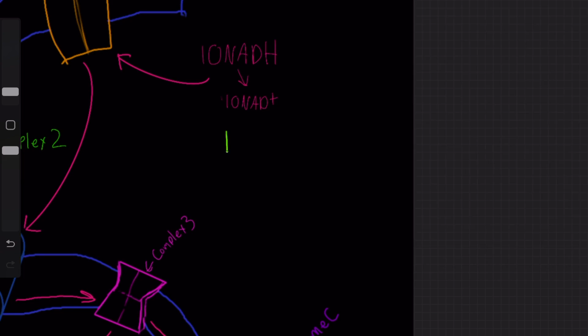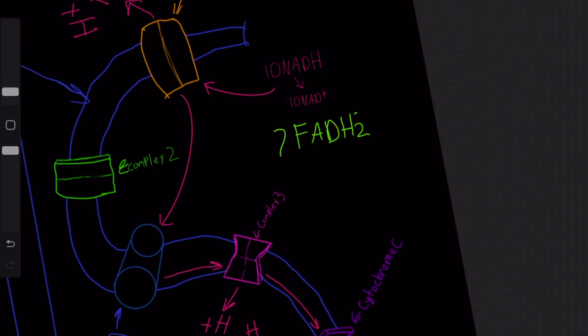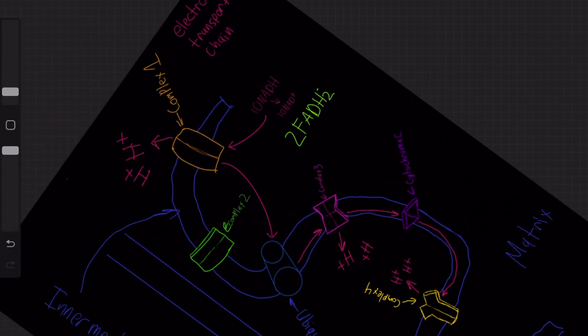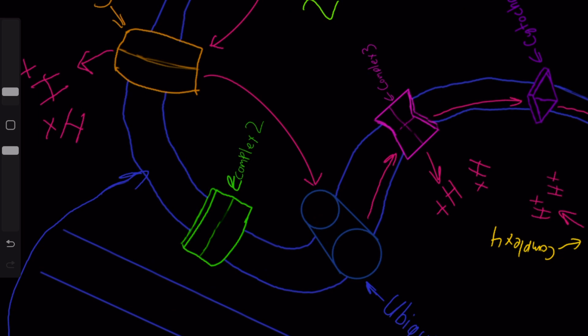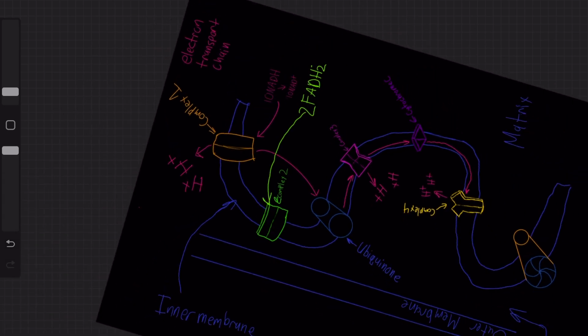Okay. FADH2. Remember, we have 2 FADH2 that has electrons as well, but it has a different path. FADH2, instead of going to complex 1, will go to complex 2.